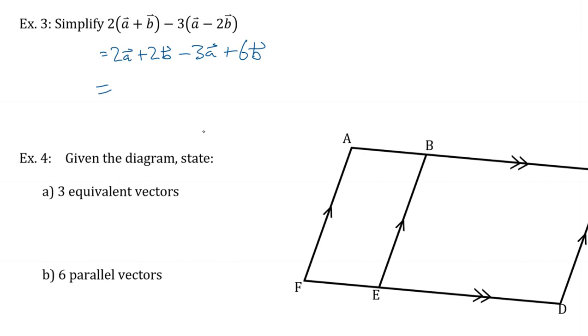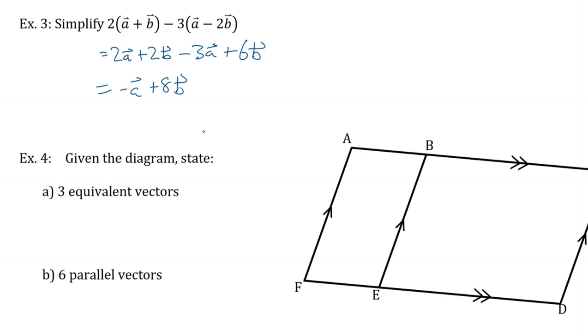They look like they're just variables. They're not quite the same as just variables because they're vectors, but they are variables that are representing vectors. So this looks like negative vector A plus 8 vector B.